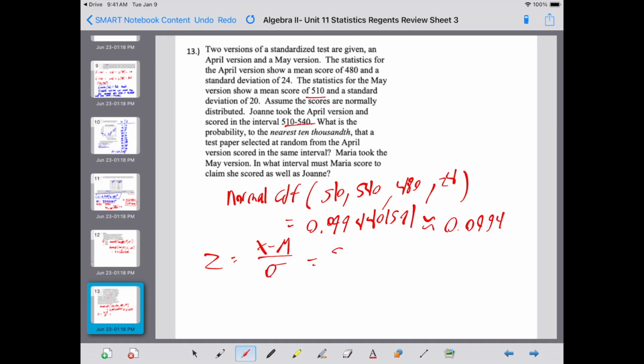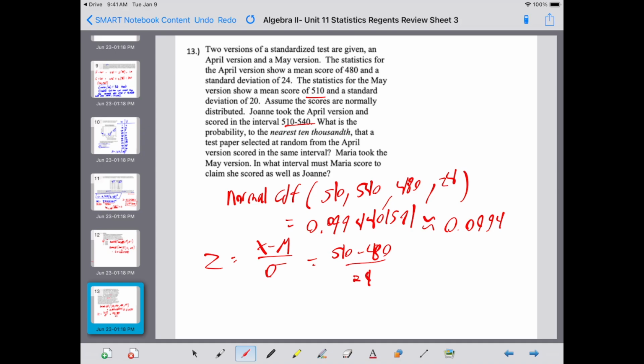So for the April version, 510 minus 480 over 24.